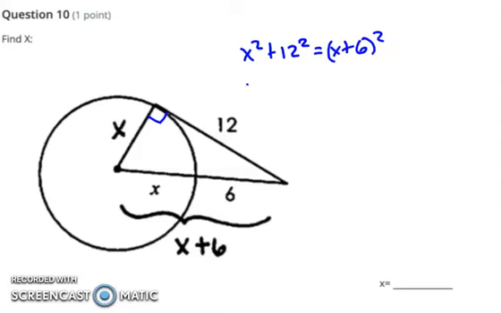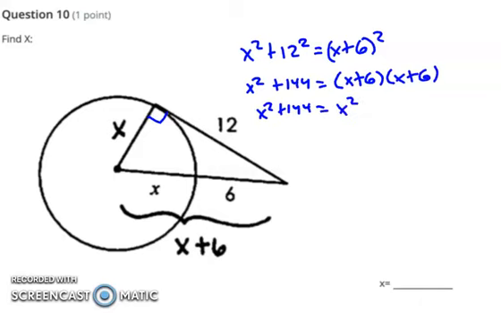That can be a little tricky. We have x squared plus 144. This is really x plus 6 times x plus 6, and that's something we need to FOIL. You get x squared, a positive 6x here and a positive 6x here, so that's 12x, and then 36.